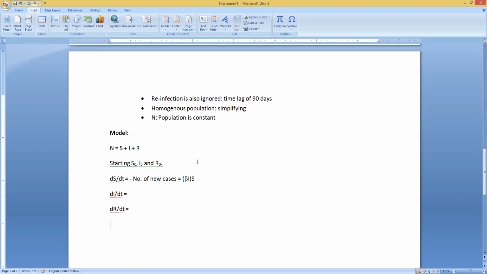Beta is the probability that an infected person will give the disease to someone else, right?